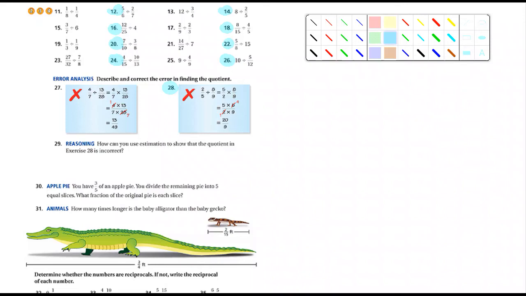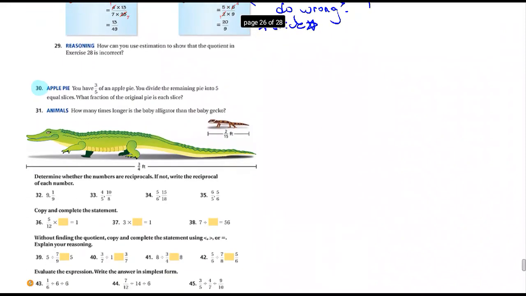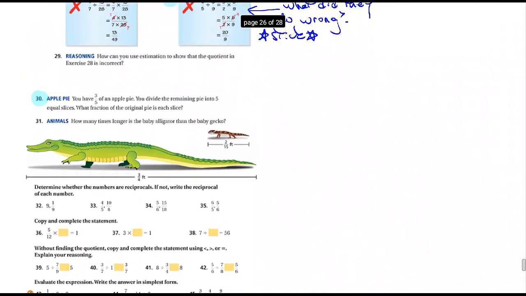Let me write that down. What did they do wrong? Okay, and this will be worth a stick. Take a look at the problem and figure out what they did wrong. I want you to do 30. And we'll stop there.